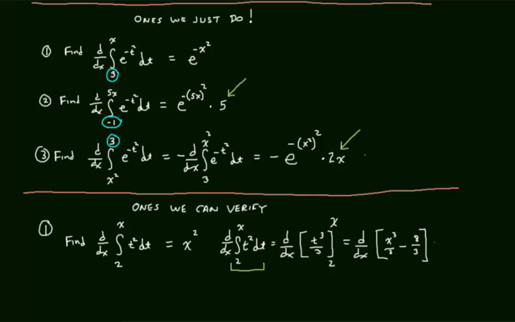Now, the last thing I need to do is take the derivative of this new quantity. Notice that the derivative of this constant will be 0, and so the final derivative of this expression will be 3x squared over 3, or simply x squared. Cha-ching! It checks out, it verifies.